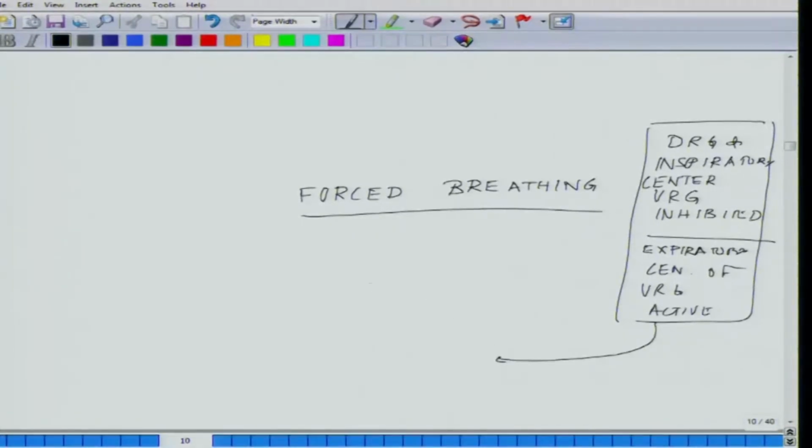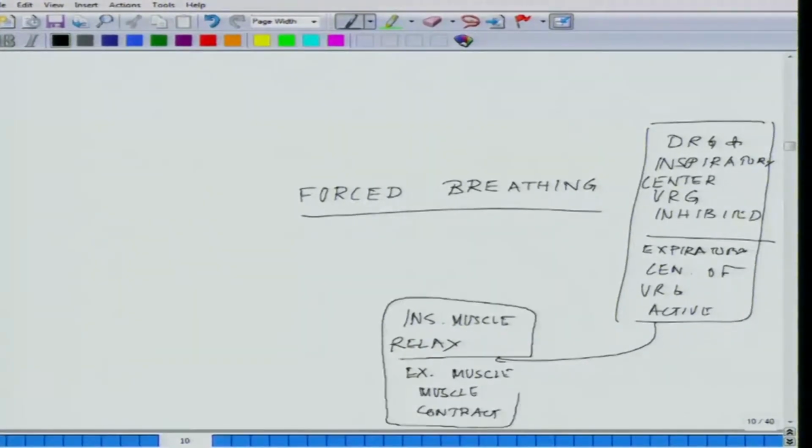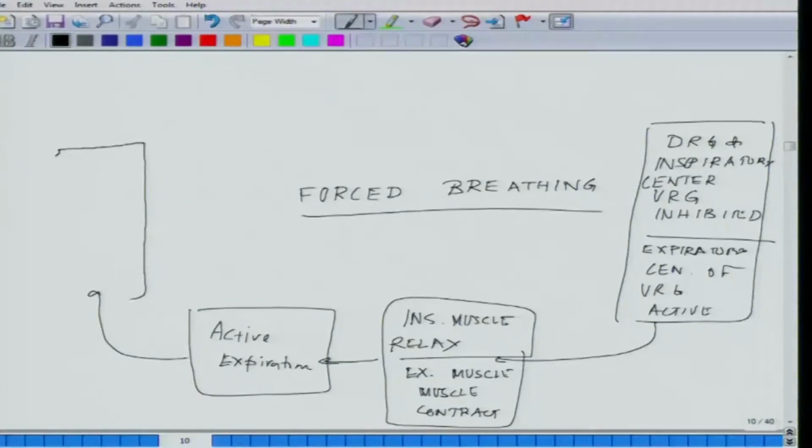Now, the inspiratory muscles relax, and the expiratory muscles, EX is expiratory, INS is inspiratory, contract. And this leads to active expiration.